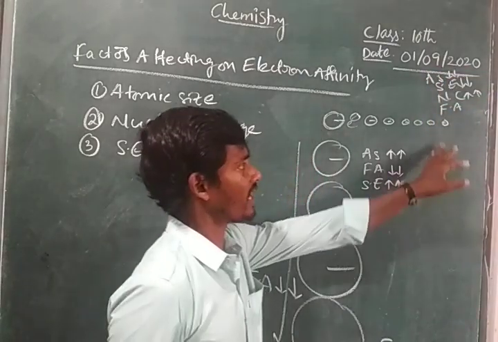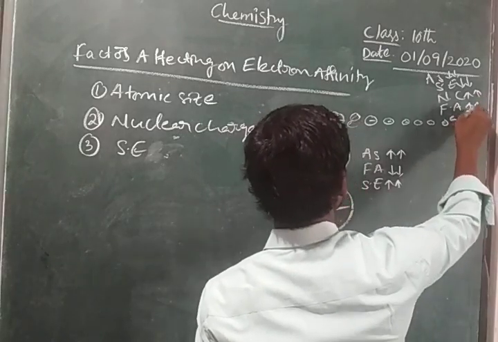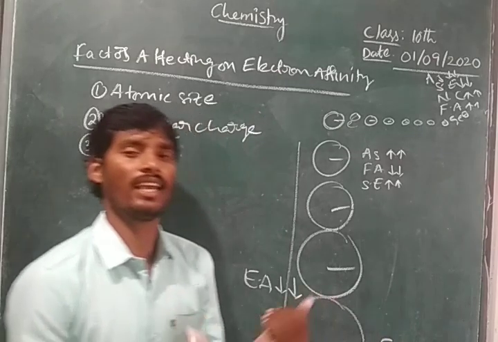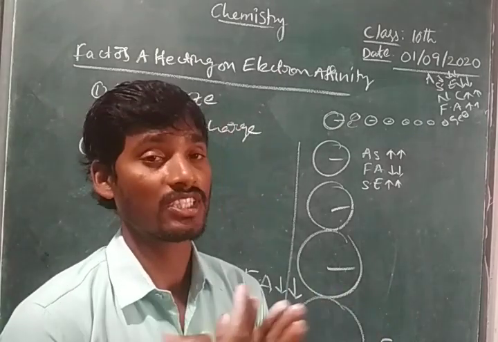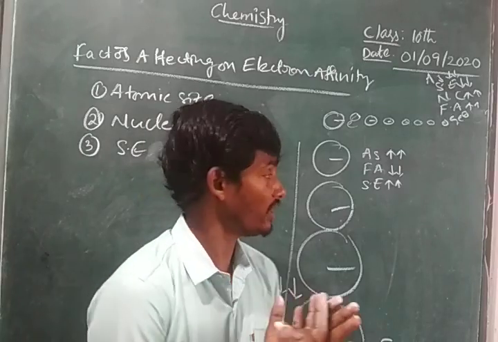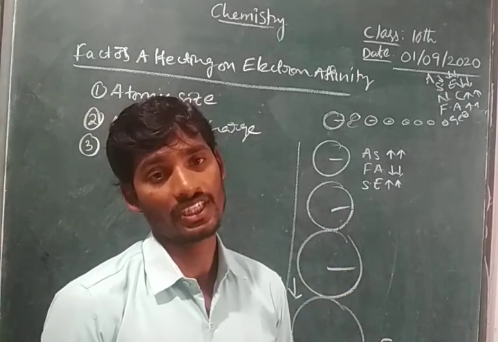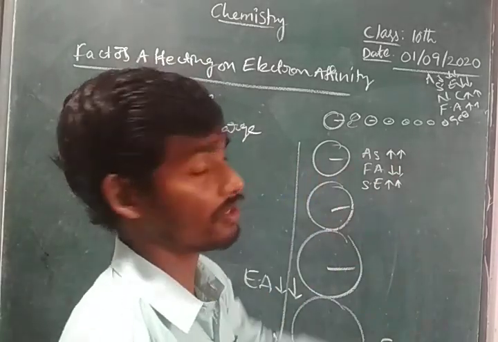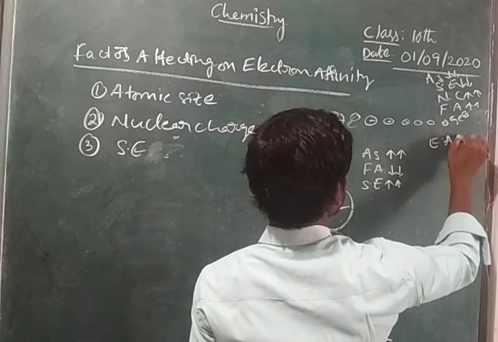When the force of attraction increases, the electron is easily added and gained, so the energy released also increases. That's why from left to right in periods, electron affinity values increase.